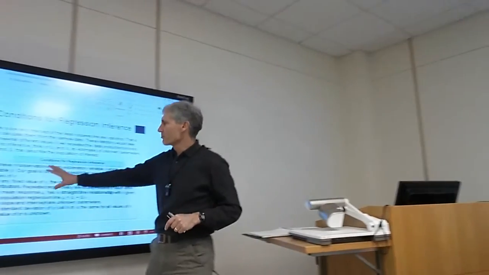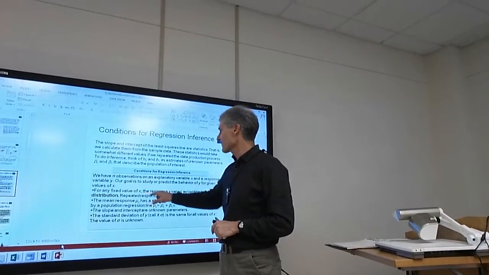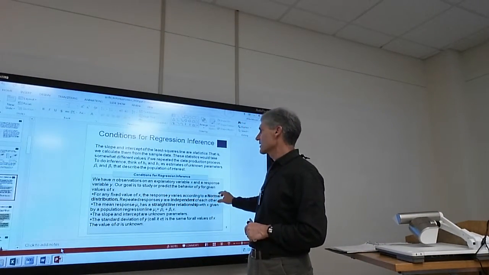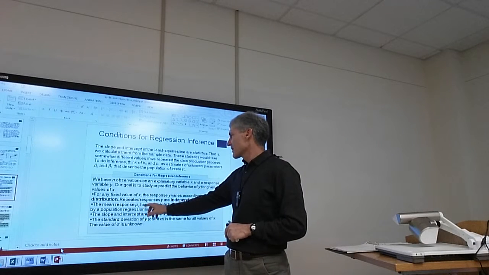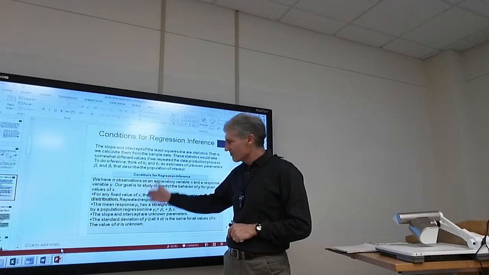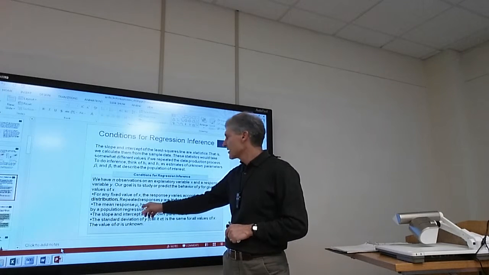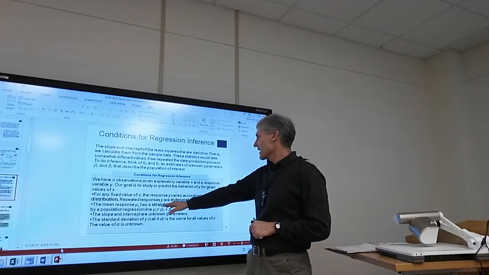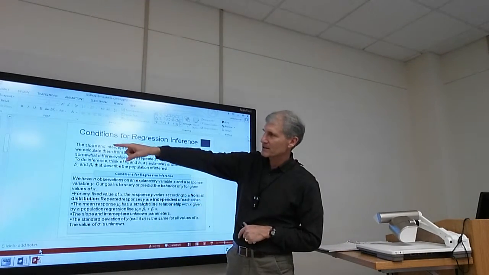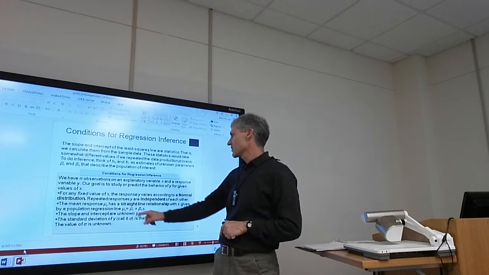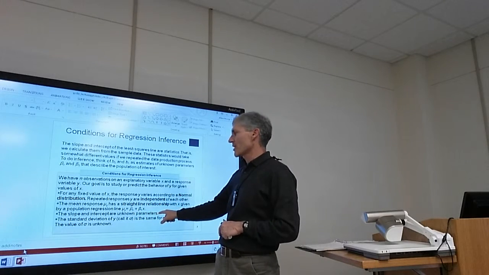So look at the way the book describes it. For any fixed value of x, the response variable y is normally distributed. The mean response, mu of y, they don't put the vertical line x, but the mean of y has a straight line relationship with x. That's the number 3 that I have over there. The slope and intercept are unknown parameters.